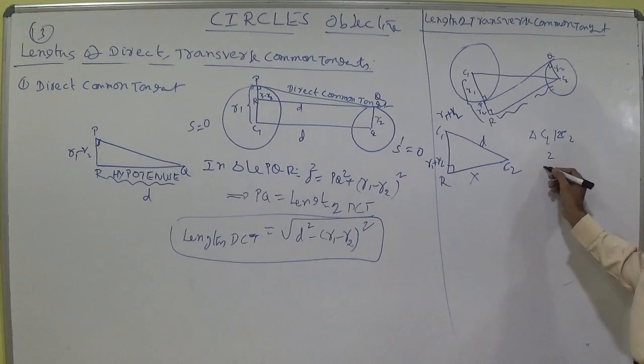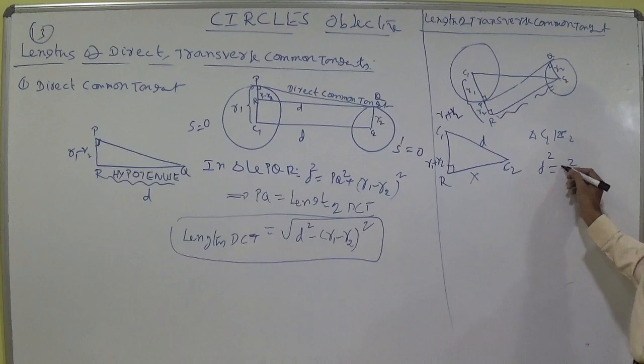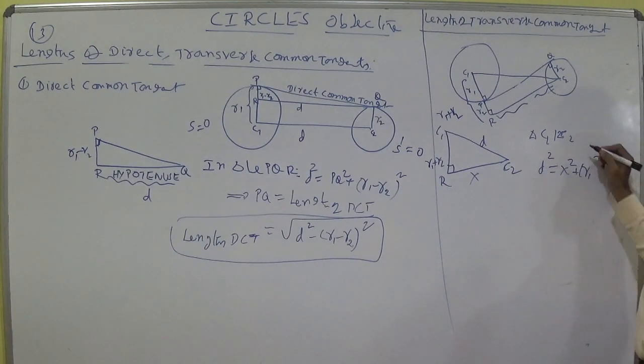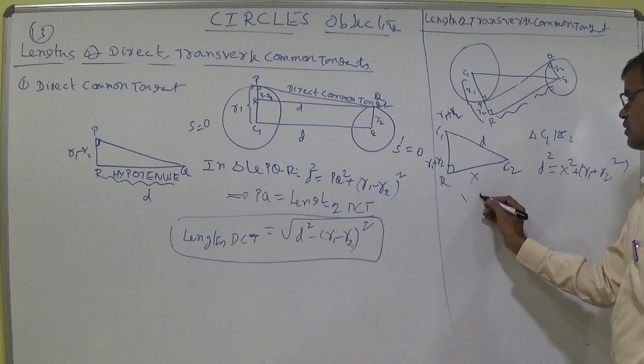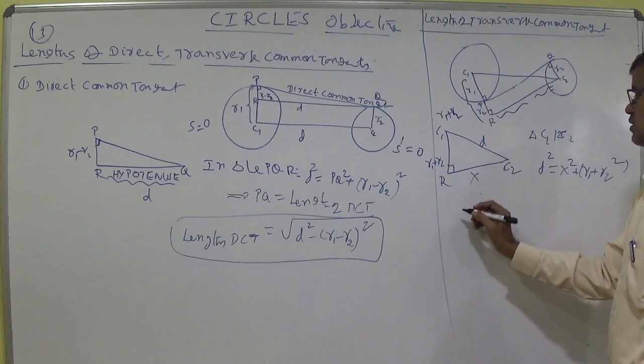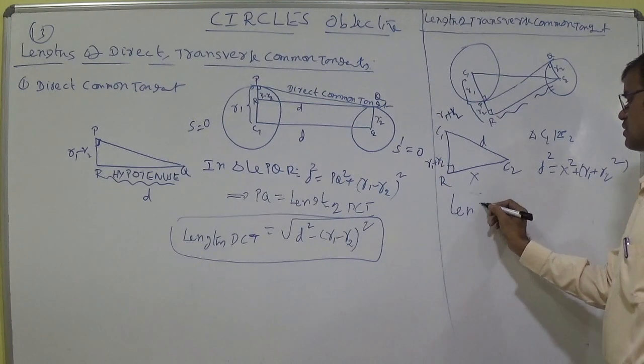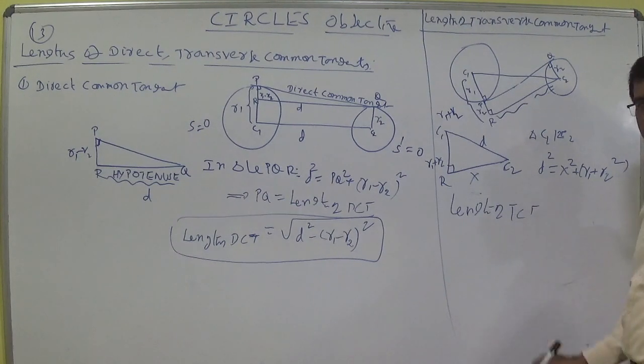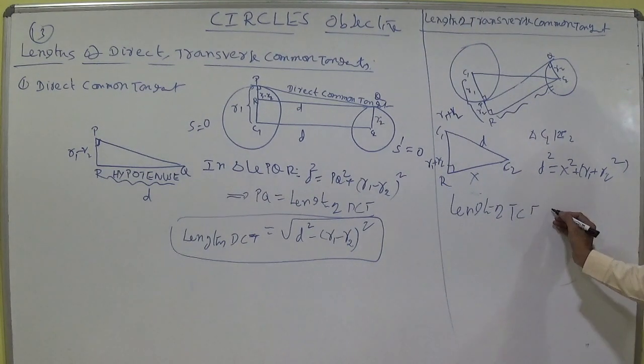in triangle C1RC2 we can say X square plus (r1 plus r2) whole square equals D square. So what is X? The length of TCT, the length of the transverse common tangent.